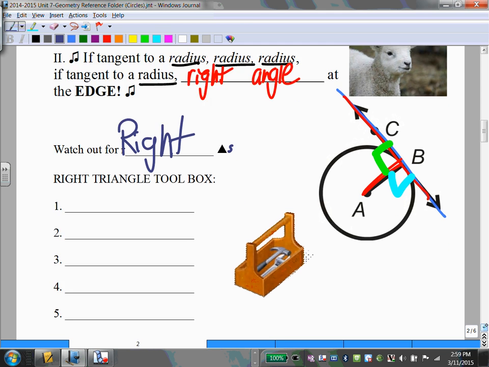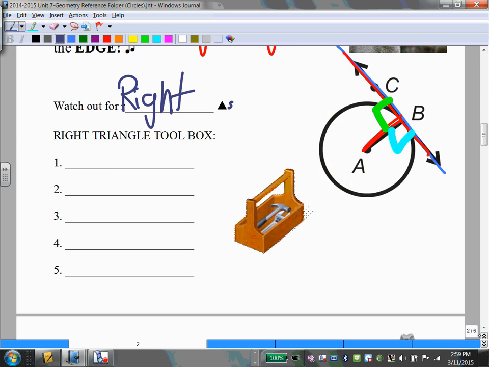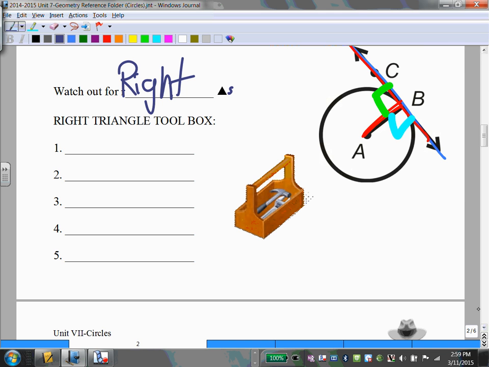And where you have right triangles, you're going to have your right triangle toolbox. 5 different things you can do with right triangles. Thou shalt memorize this. The first and most important one, the Pythagorean theorem, leg squared plus leg squared equals hypo squared.